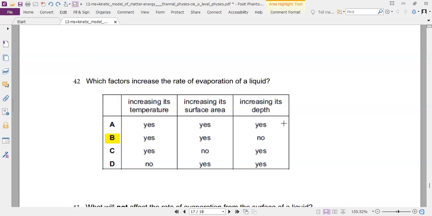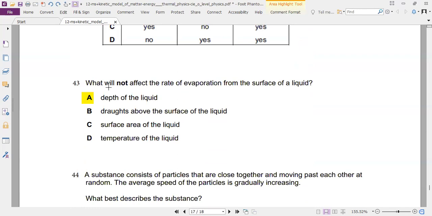All three, yes, reject. Increasing surface area, no, rejected. Increasing temperature, no, rejected. Only this. So again, the depth of the liquid will not affect its evaporation.